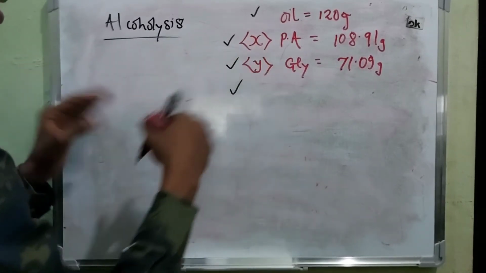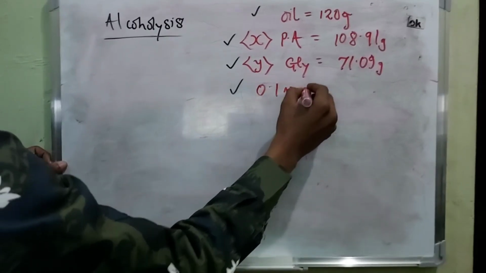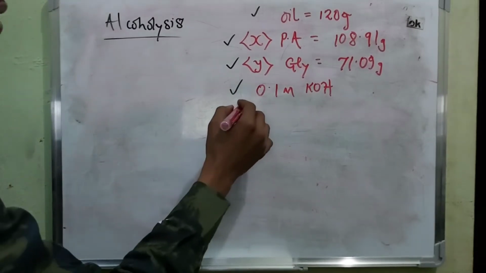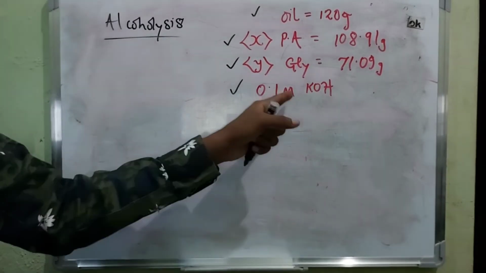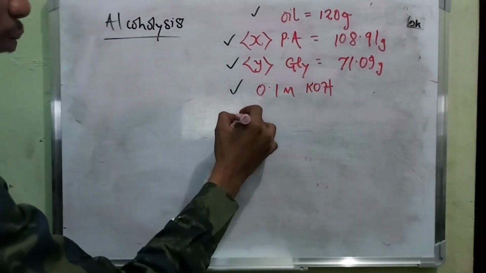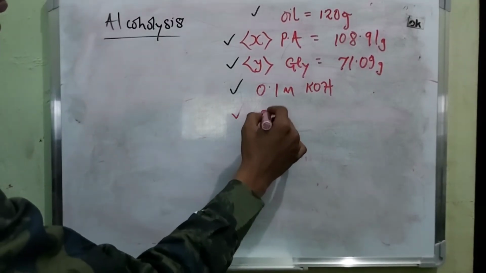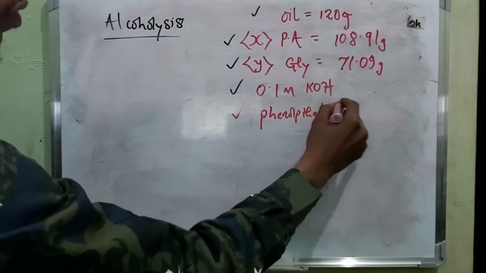We also need to prepare a 0.1 molar potassium hydroxide. You can easily do that one. We'll be needing this concentration because we'll be determining the acid value of the alkyd resin for the second stage. So we would need this solution available, and an indicator which we would need is phenolphthalein indicator.